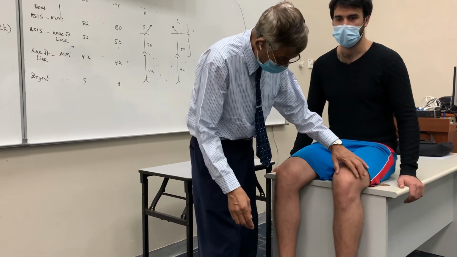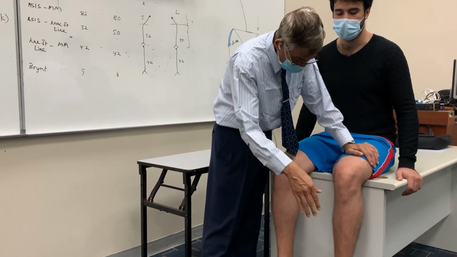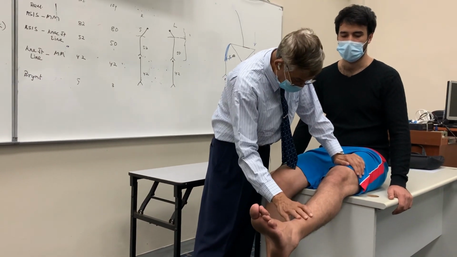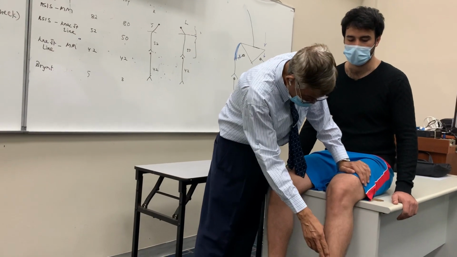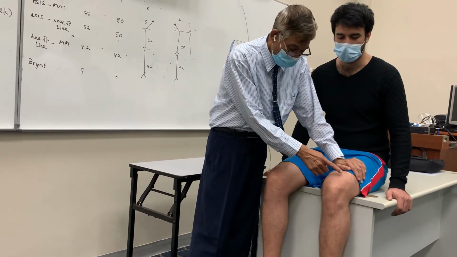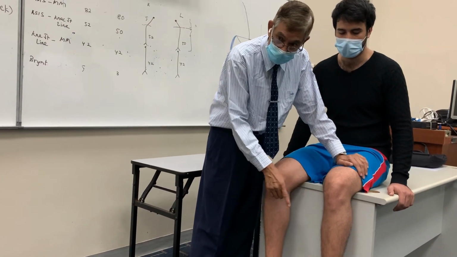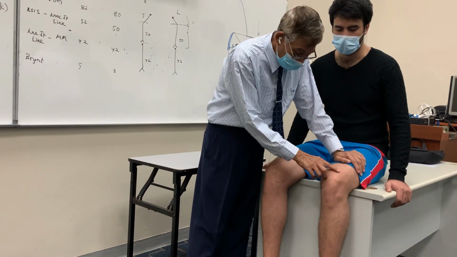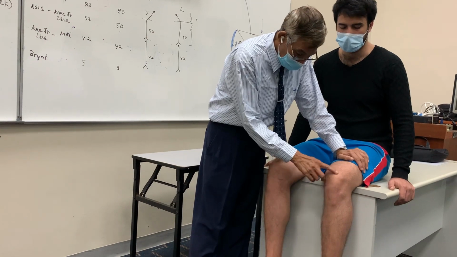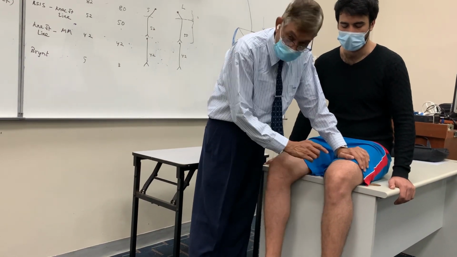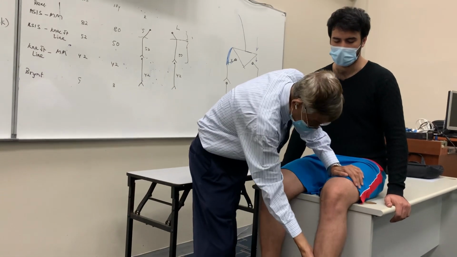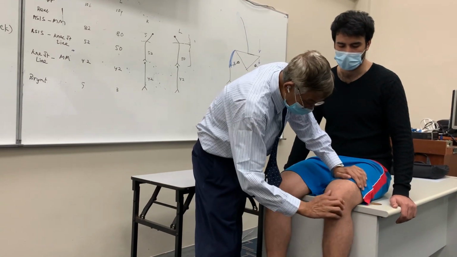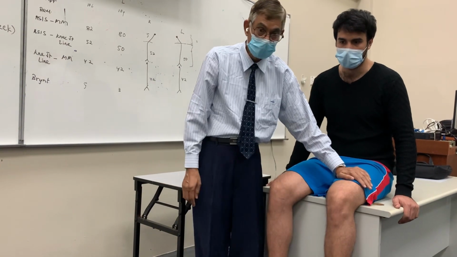Okay, in this position, ask the patient to extend the knee, then flex the knee. So you see the patella tracking pathway. The patella tracking pathway is normally central. In some patients, during flexion and extension, the patella goes outside.